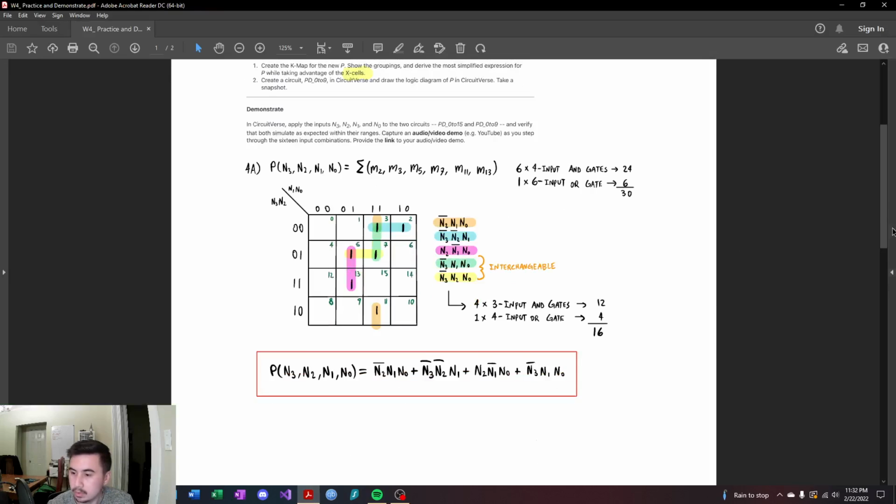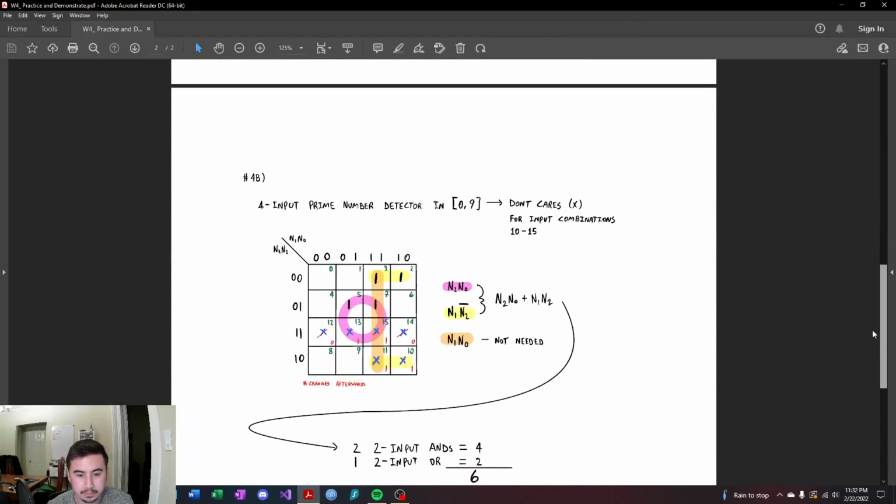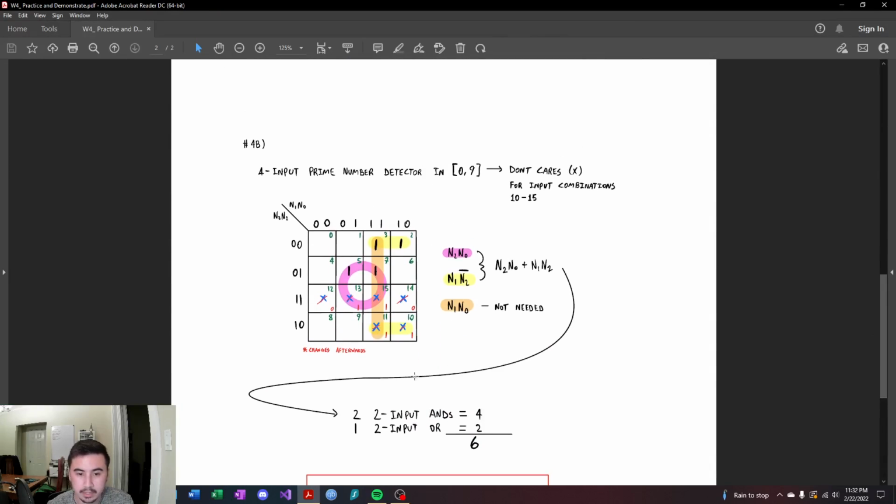If we go over to my document here, we have the same table, and we can see that for the values from 0 to 9 that are prime numbers, we have 1s. From 10 all the way to 15, we have don't cares. So we can utilize these don't cares to further simplify the function since we don't care about them. They could be either 1 or 0.